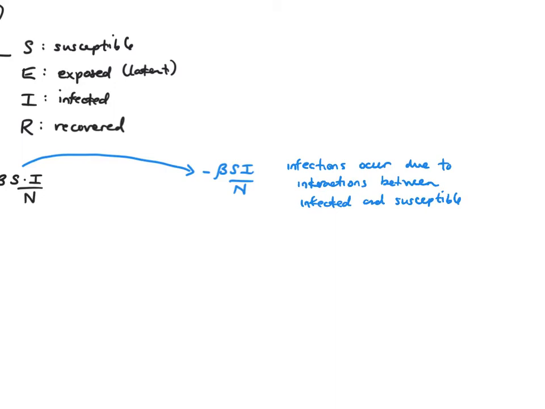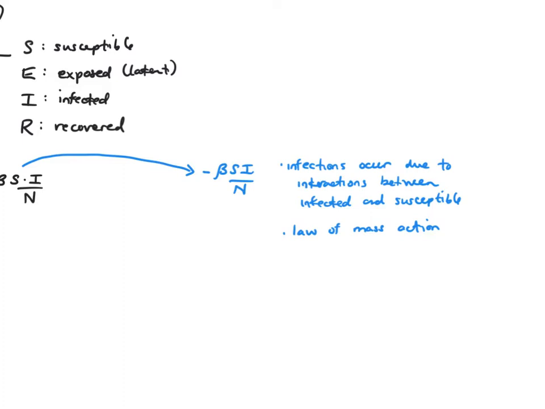Now, we have this divided by N. That's just scaling this interaction by the size of the population. What this is referring to is the law of mass action. It's a generalization of how different components can interact to create a certain rate of flow, in this case in the S category.